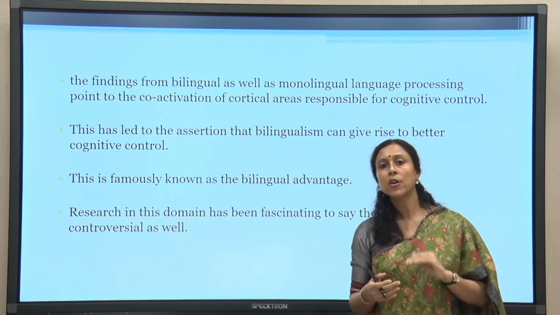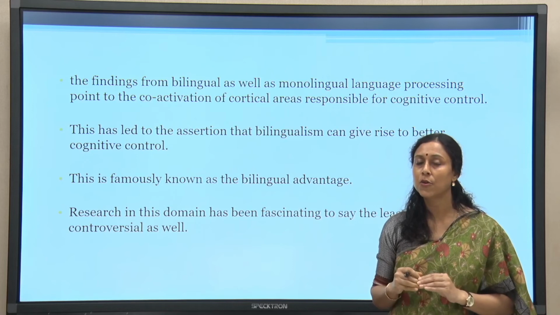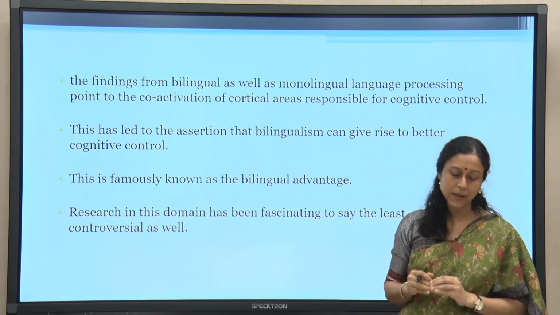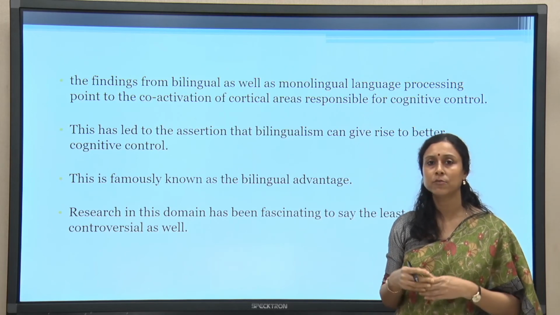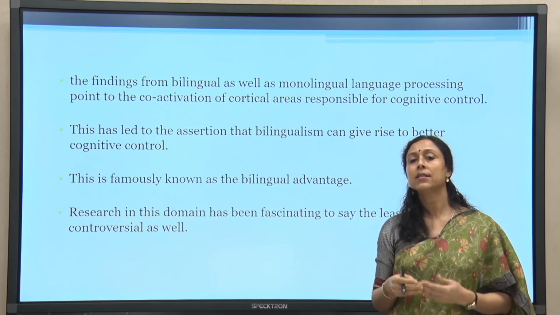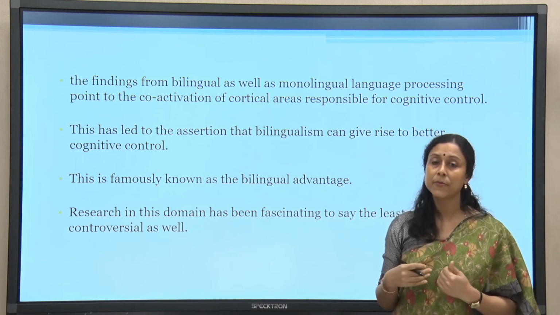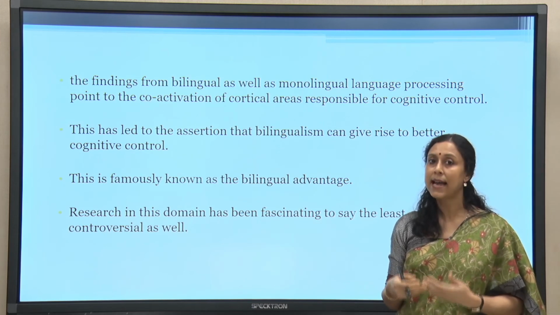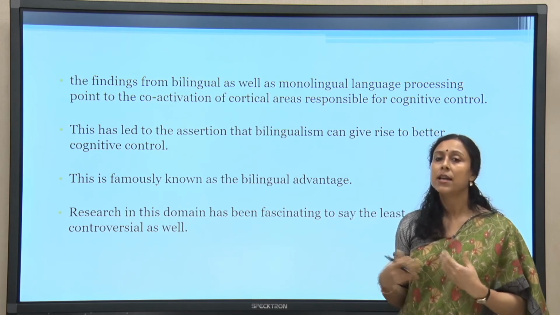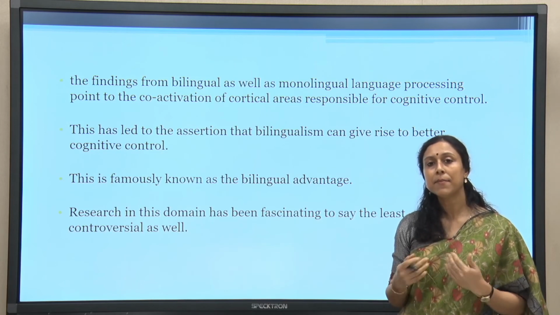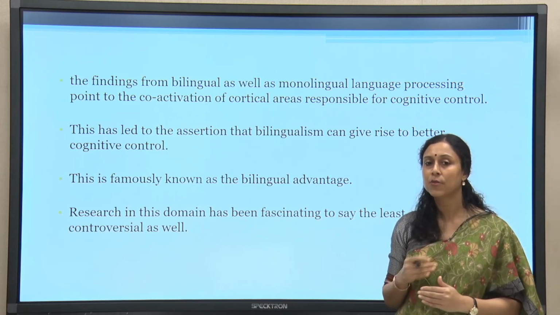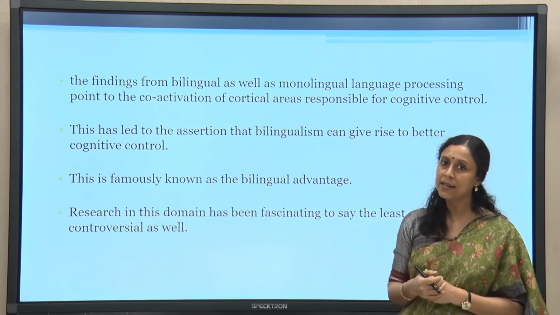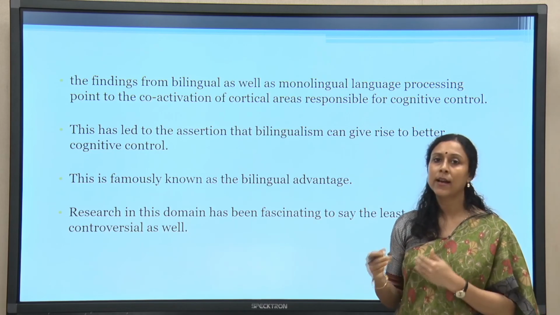So, there is always a process of control in place as per the researchers. Being a bilingual automatically means suppressing the task irrelevant language. Right now I am speaking in English, but all the other languages that I speak are also simultaneously activated, they are active to be utilized. So, my brain has to suppress those languages constantly and keep my target language activated as long as it is relevant.